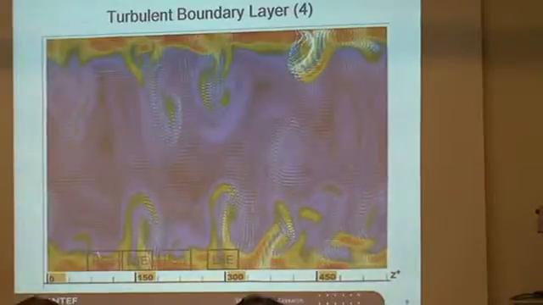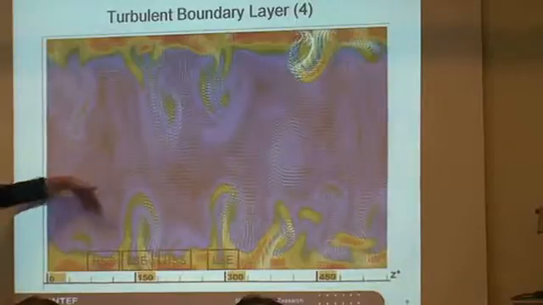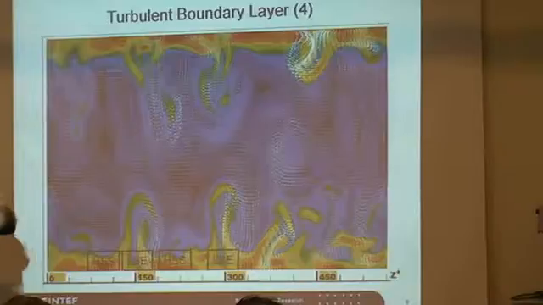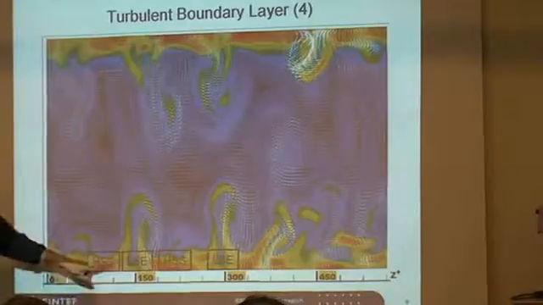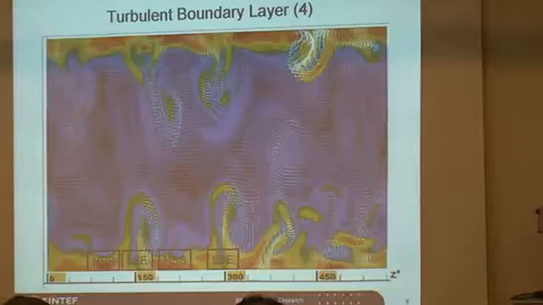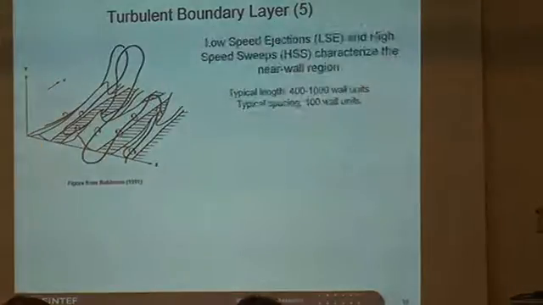And then we have the high speed sweeps. Faster flowing fluid is pushed by the vortexes towards the wall. So we have this alternation of high and low speed streaks. They can be pictured like this. The ejections are these lifted surfaces, and they have typical length and spacing.